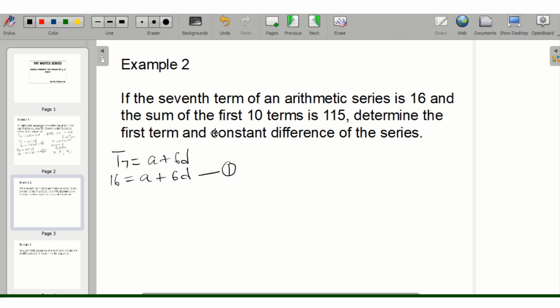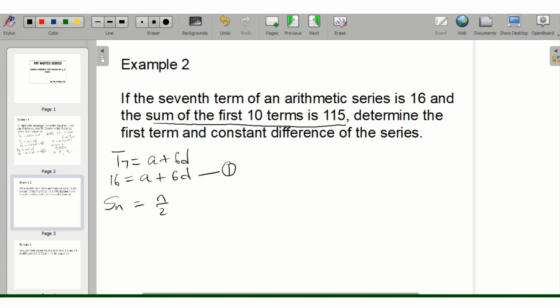Then they tell us that the sum of the first 10 terms is 115. So for an arithmetic series, Sn equals n over 2 into 2a plus n minus 1 times d.